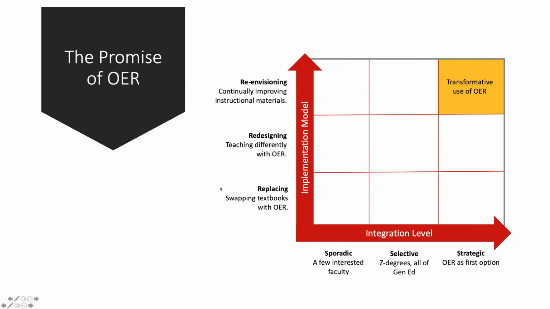So, thinking beyond just the affordability piece where we're simply swapping textbooks with the OER, and beginning to think very differently about how we're teaching with OER, how we might redesign our courses around OER, and then eventually, with some of the newer technologies that are on the horizon, really re-envisioning things like continuous improvement of instructional materials and the ways in which the fact that these are openly licensed is going to allow us to make those kinds of changes. When we adopt copyrighted materials, we can't make that change when we see that it needs to be made. So just a little schematic there about how we might think a little differently about that.